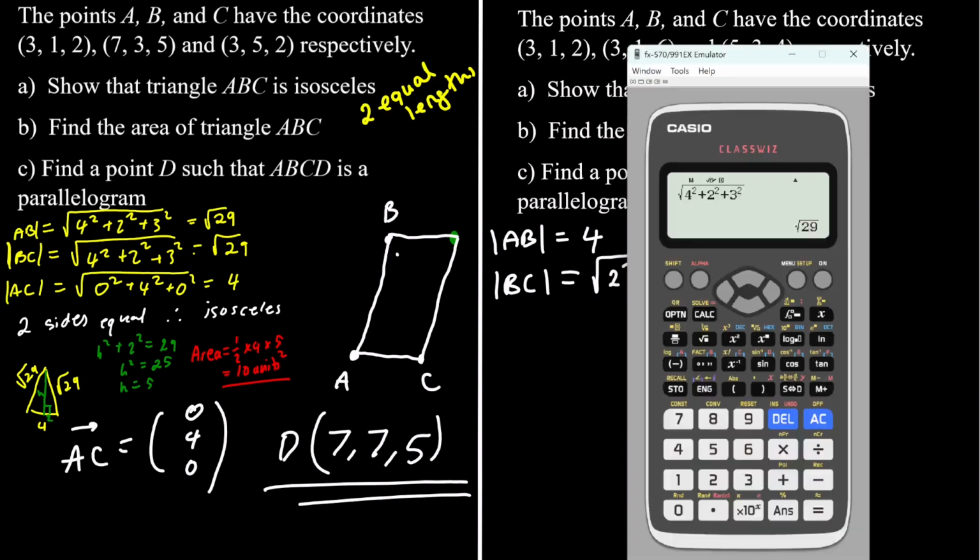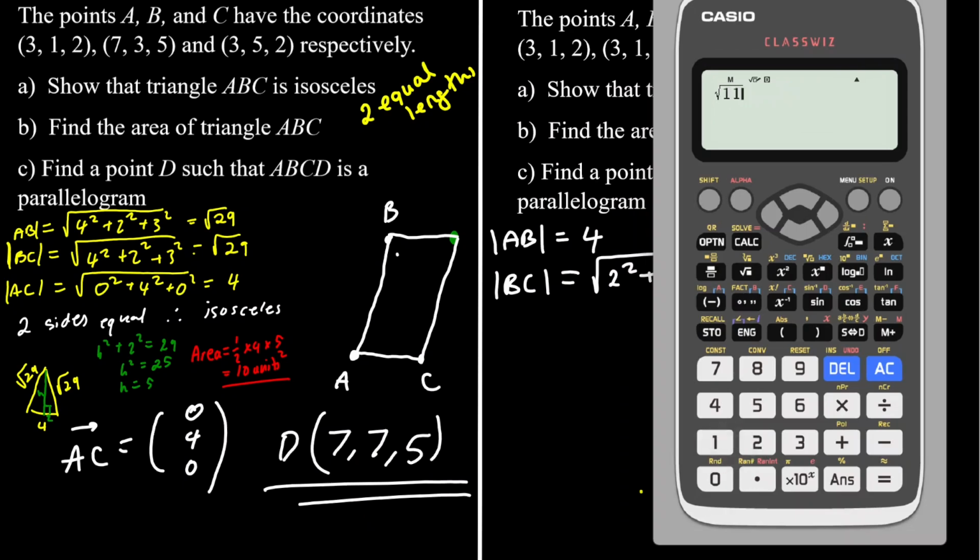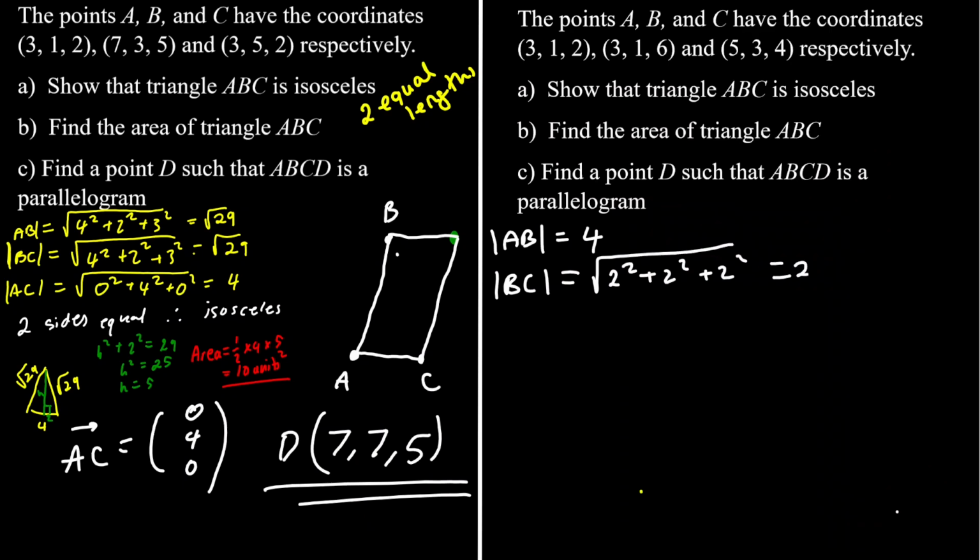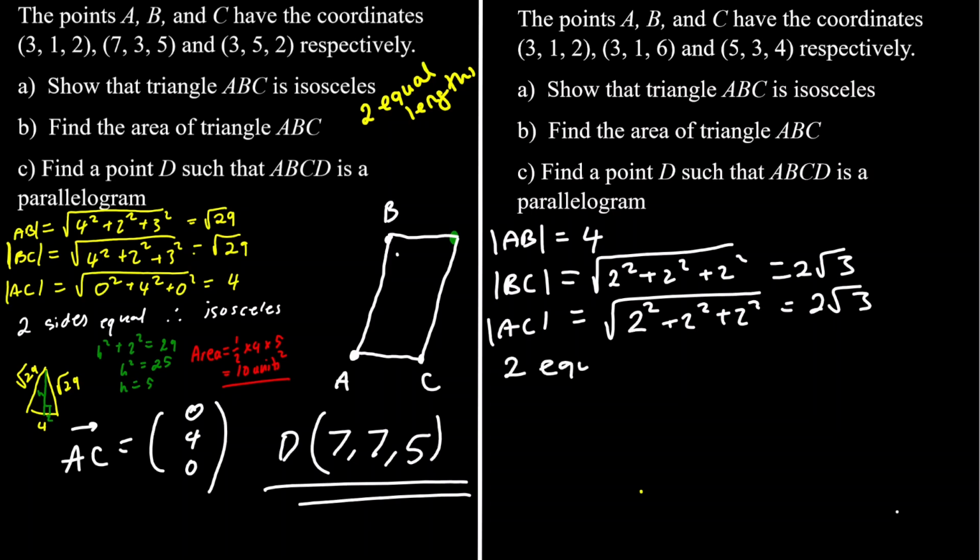So we've got square root 12, which is the same as 2 root 3. And A to C, we have 2 in the x, 2 in the y, and 2 in the z. So again, square root 12, 2 root 3. So we've got two equal sides, two equal lengths. Therefore, it's isosceles.